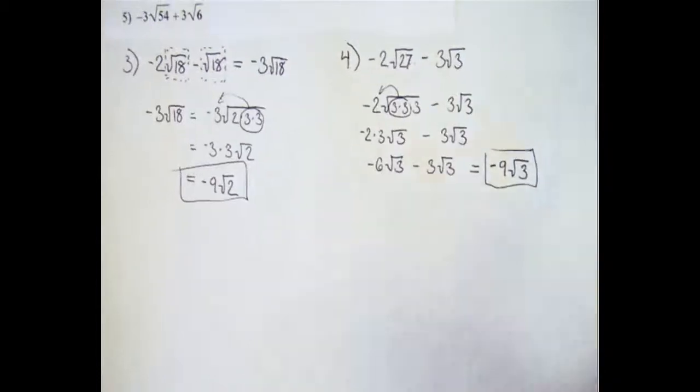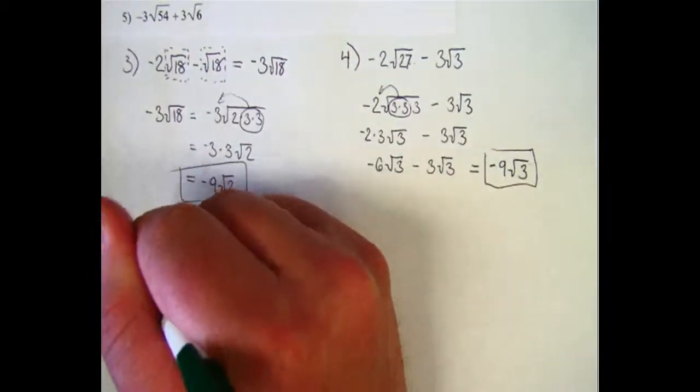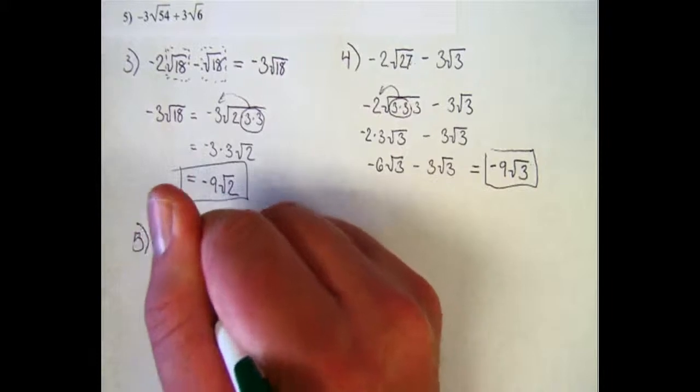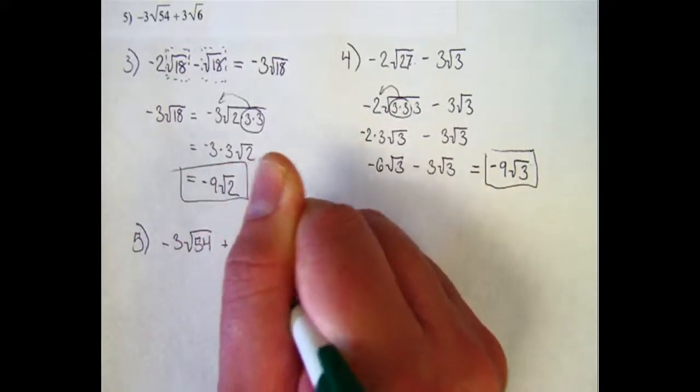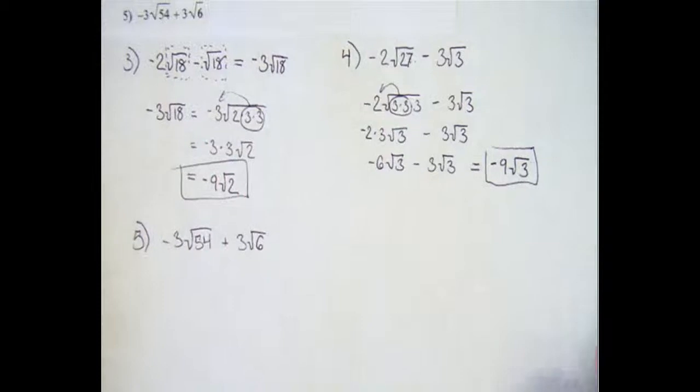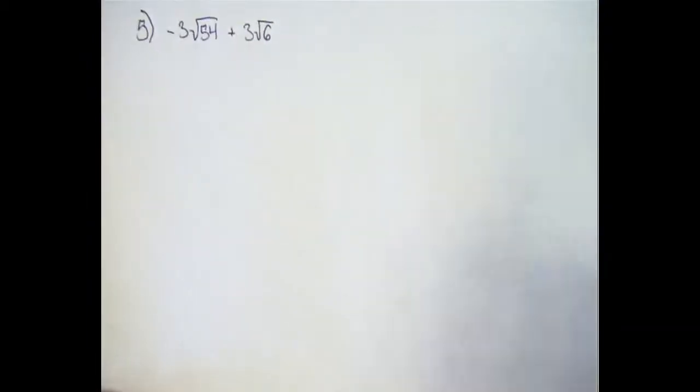All right, let's look at number 5, and I'll copy it down here, and then we can move to give ourselves more space. Plus 3 root 6. All right, in this case, neither one of these are prime, so I need to simplify both of them.